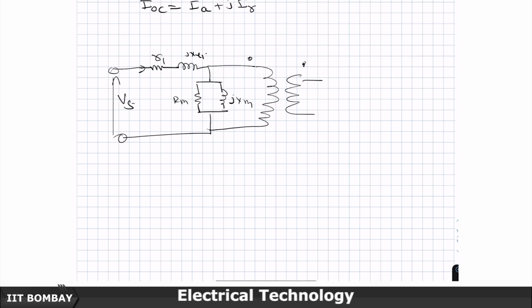So, R1 in this, the subscript 1 is indicating that it is the primary winding, 1 is the primary winding and 2 is the secondary winding.